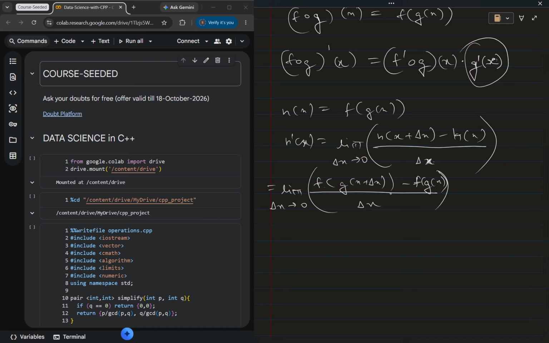So now from here you might be stuck on what we have to do. At first, if you think carefully, you can see that f of g of x plus delta x and g of x is there.